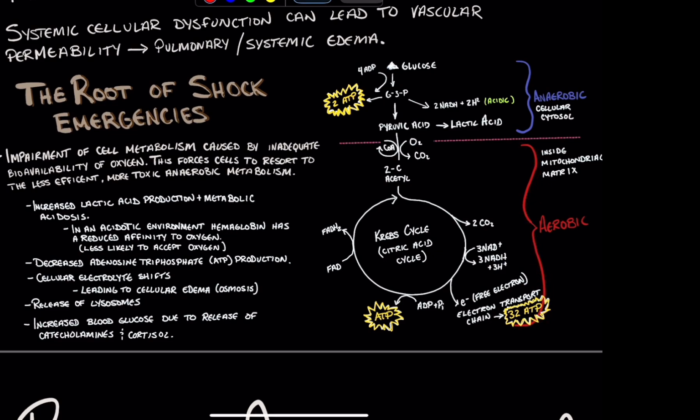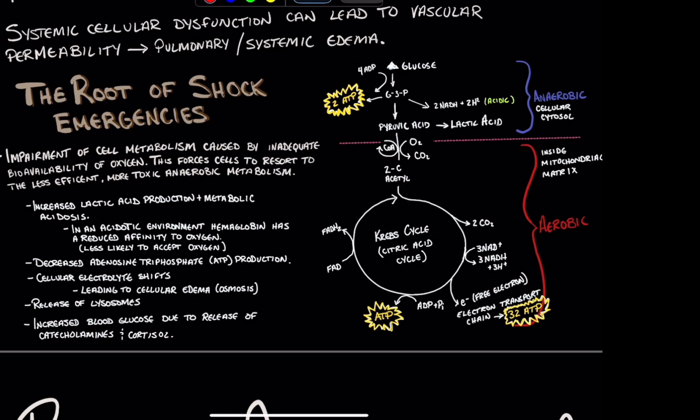If we don't have oxygen available, the pyruvic acid, which is what gets broken down into energy in the mitochondria, doesn't get pushed inside. So if you're wondering where the oxygen comes into play, it's right here. And that's what allows these molecules to go inside the mitochondria to get processed into ATP.